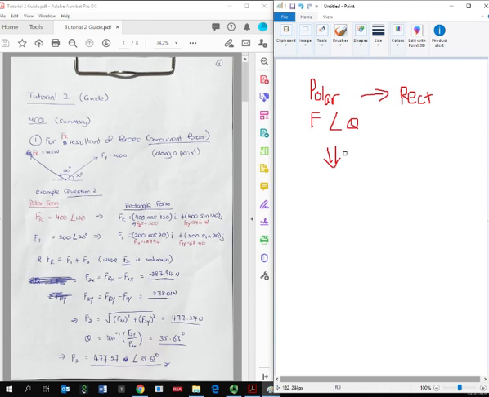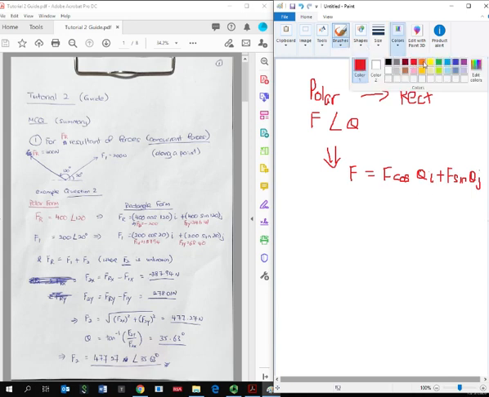If I want to convert it to rectangular format, the force equals the cosine of theta with an i, and then I add the sine component, which is the j.